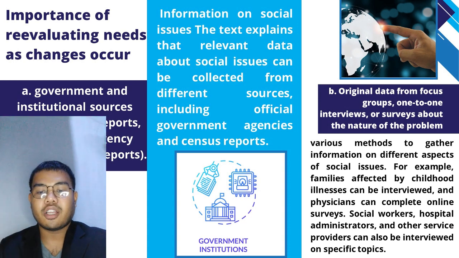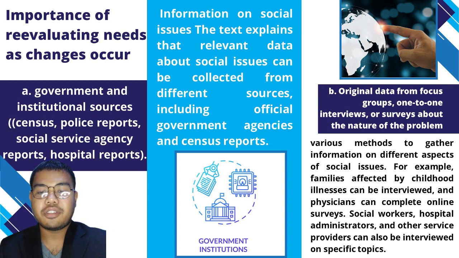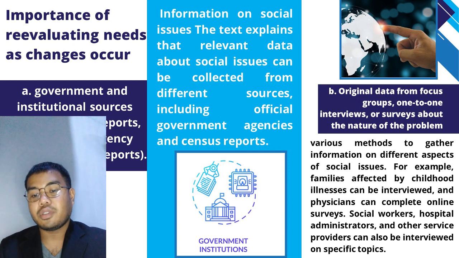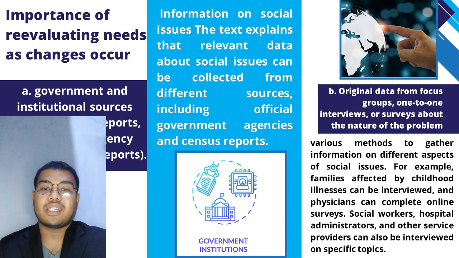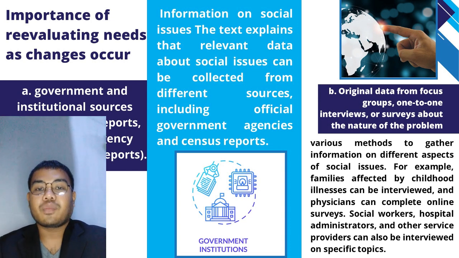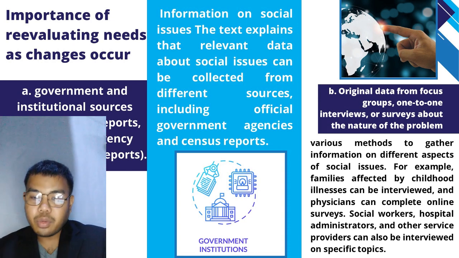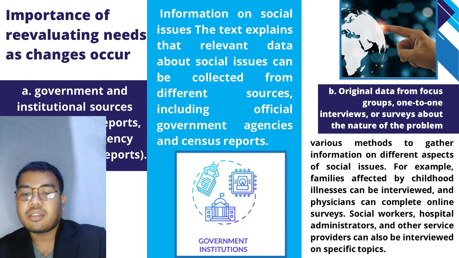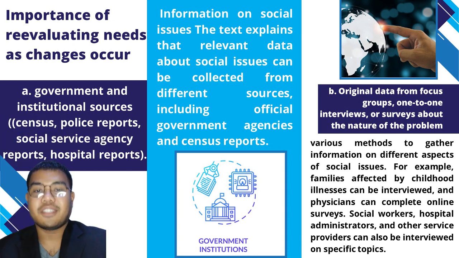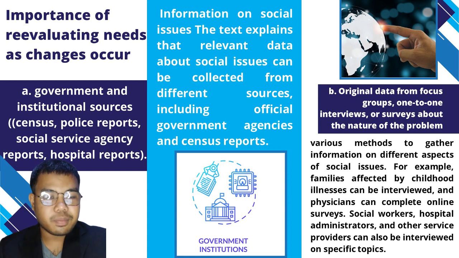Social workers, hospital administrators, and other service providers can also be interviewed on specific topics. The one-to-one includes an interviewer and one interviewee, for example a family and a physician. It's as simple as that.